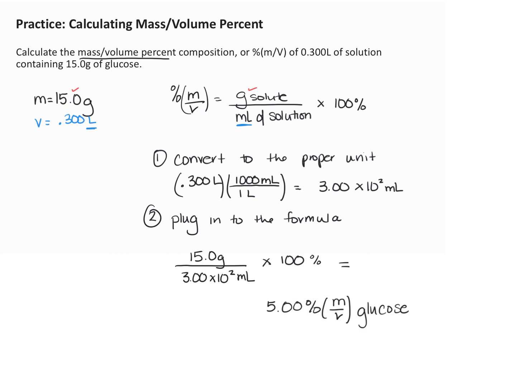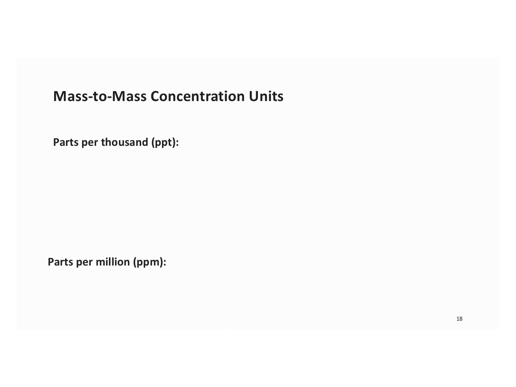Now, there are other mass to mass concentration units. We run into these a lot of times with toxins. These are parts per thousand and parts per million. That's the grams of the solute over the grams of the solution.